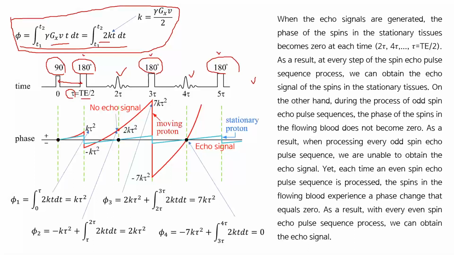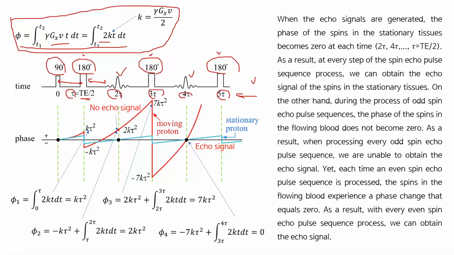Tau is TE/2. Then this is also tau, right? So 2 tau, 3 tau, 4 tau, and 5 tau. So time is given by this form.